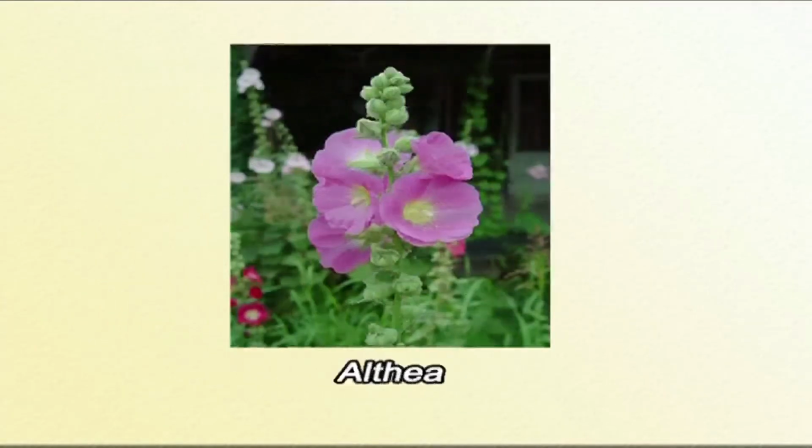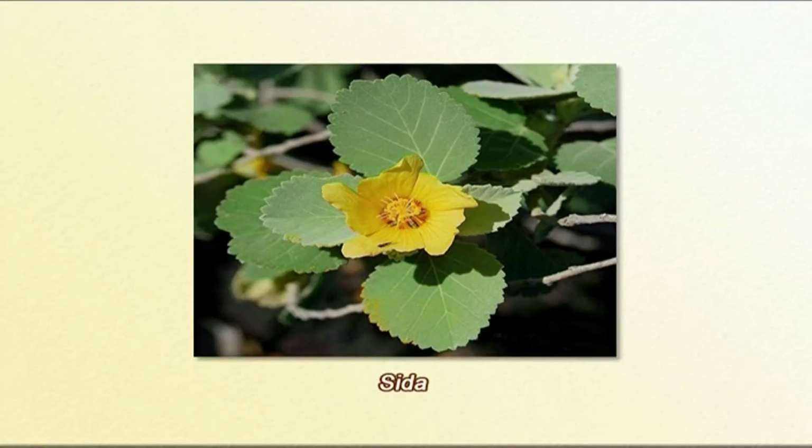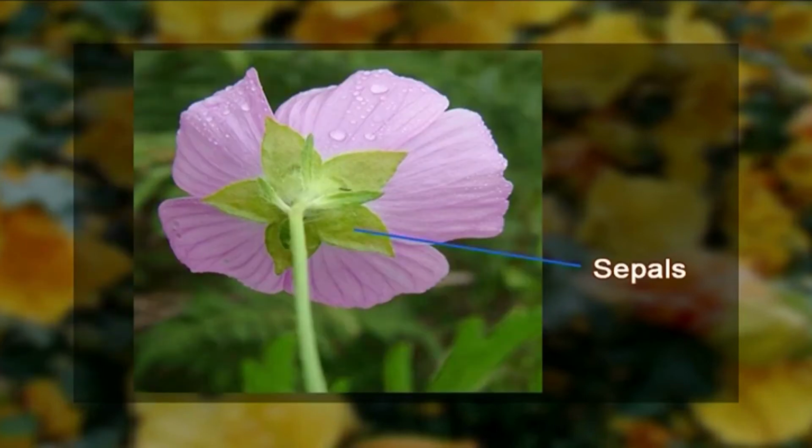It can range from 5 to 8 in the case of Althaea, or sometimes even this epicalyx can be absent, as we see in the case of Sida. Now, the individual parts of the flower, starting from the calyx. The calyx here comprises sepals, which are usually 5 in number, but rarely they can be 3 or 4 also.